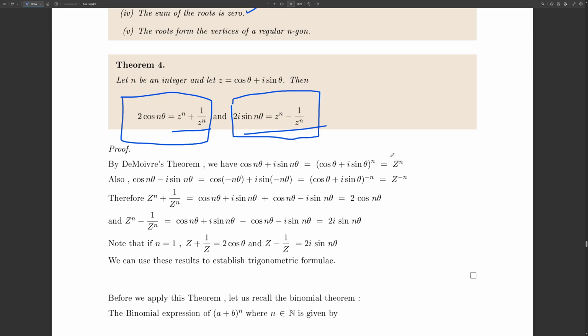So that is the only reason why I use big Z over here, not that this Z is some crazy different Z from before.